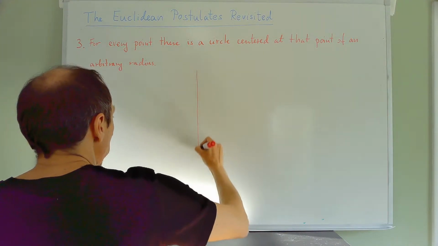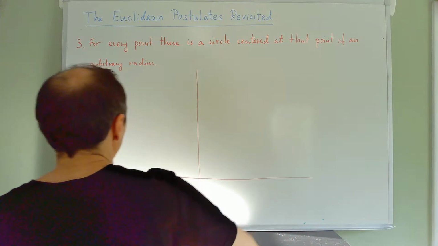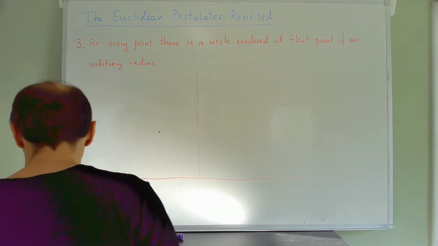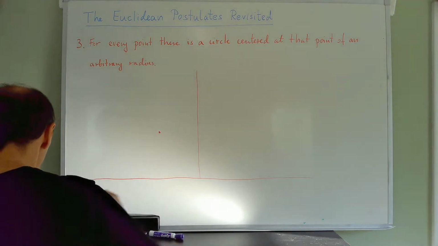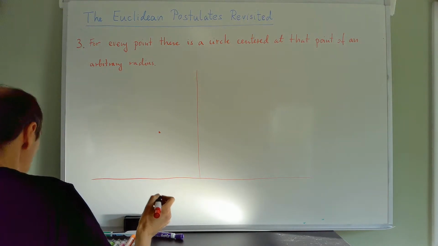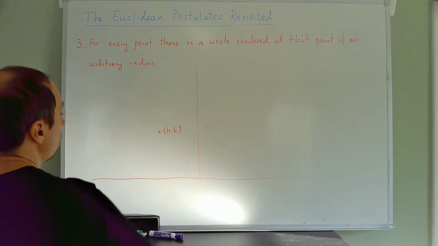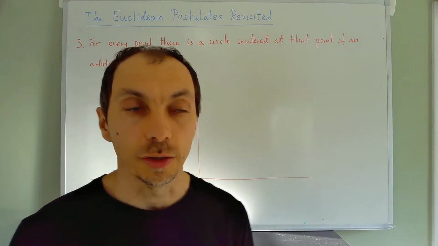So the first part of this claim is clear, namely that if I take any point, let's say here, let's call this point hk, then I can definitely draw a Euclidean circle.